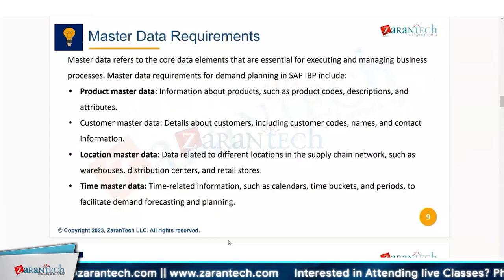If there is an issue in the master data, if you don't understand what the master data is for, and if you have incorrect master data in the system, then all your processes will go for a toss.